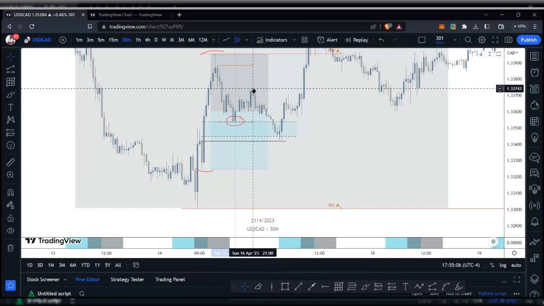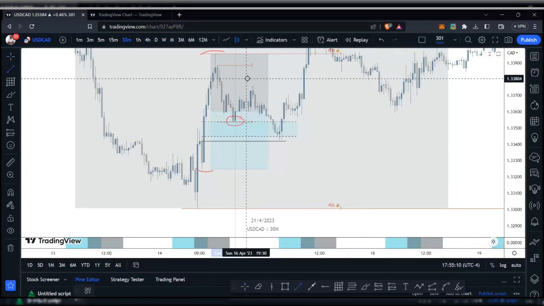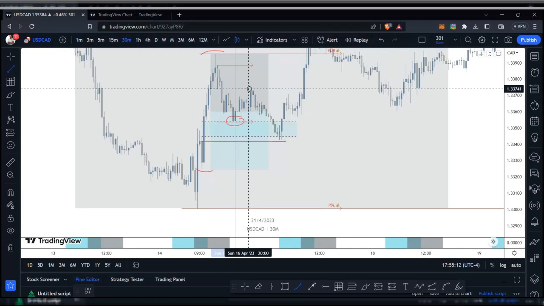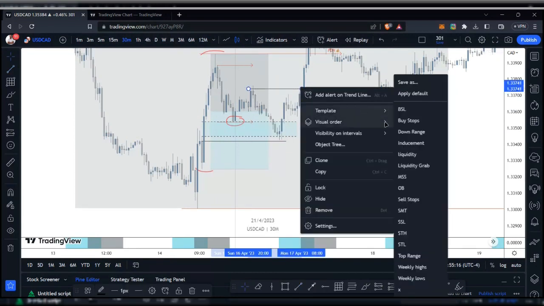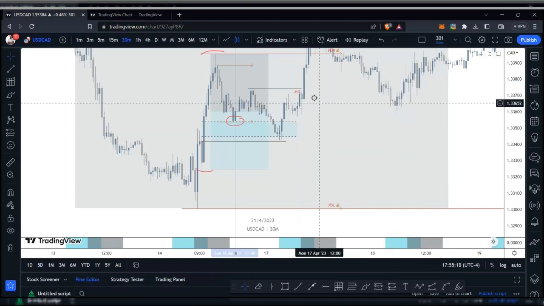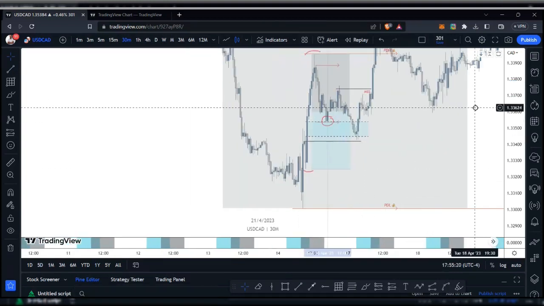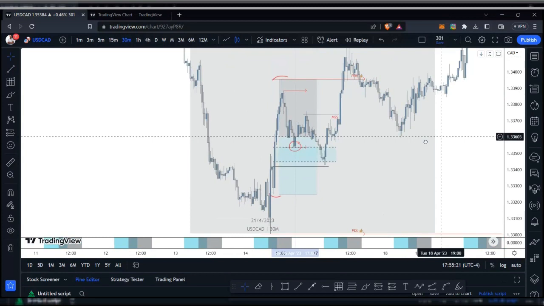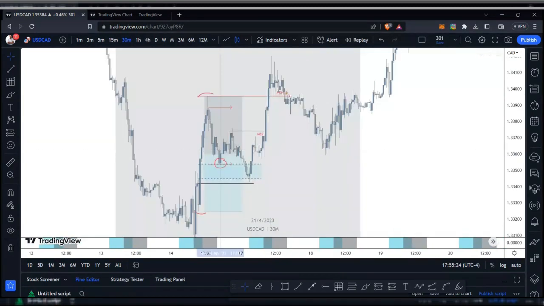They broke structure here. This was the market structure break. They broke structure here. And then they came back. I think they came back the next day. So this was your trade here. Your trade was the next day, somewhere.